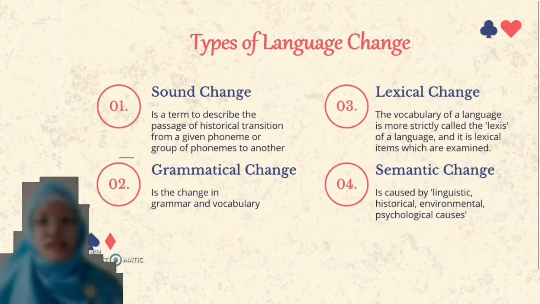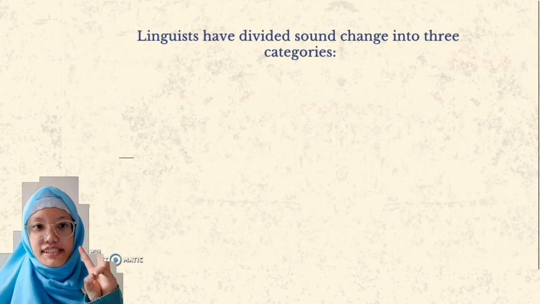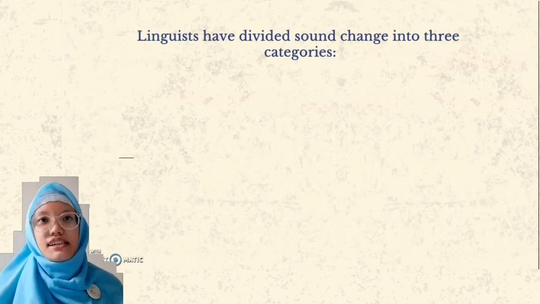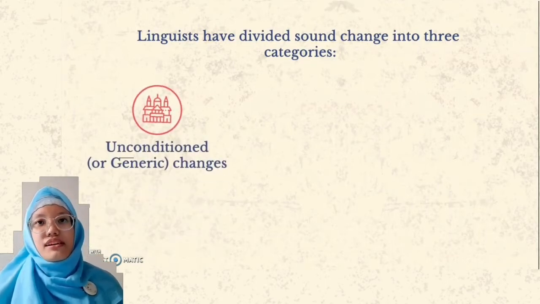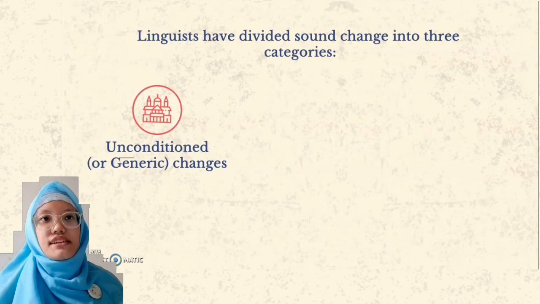Next, linguists have divided sound change into three categories. The first is unconditional or generic changes. A generic or unconditional change is a change that affects every occurrence of a certain sound no matter where in the word it occurs.